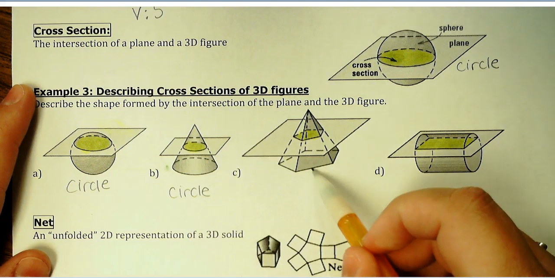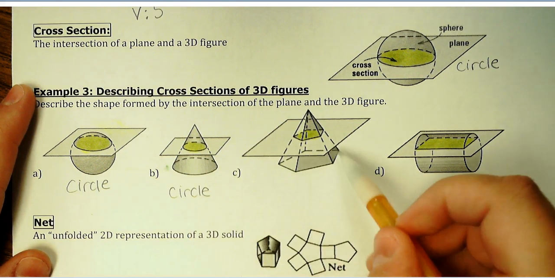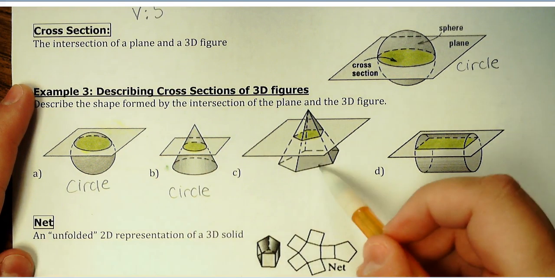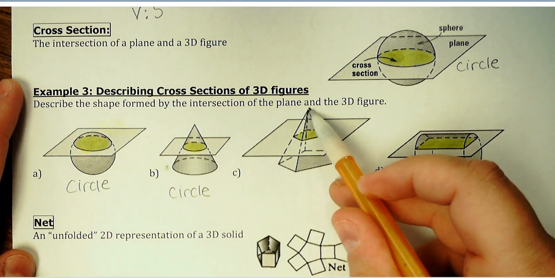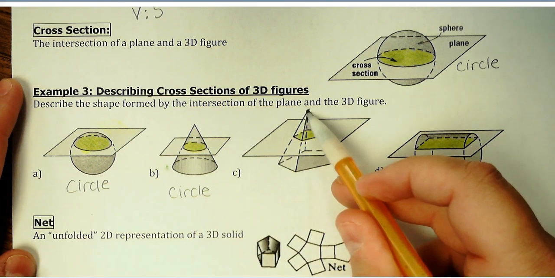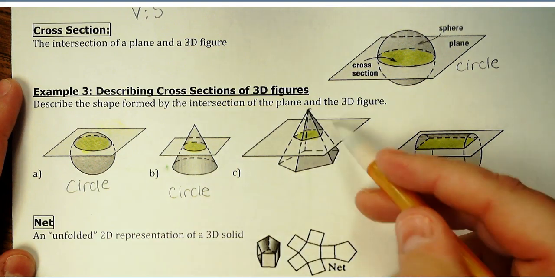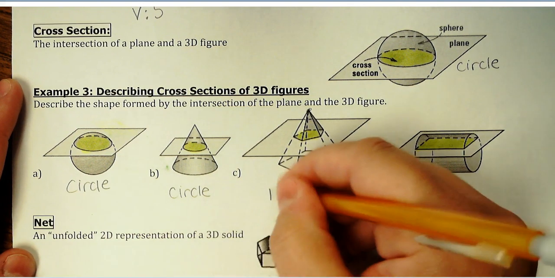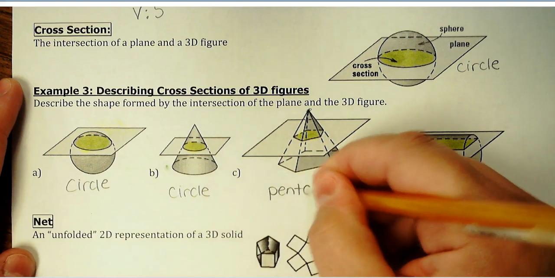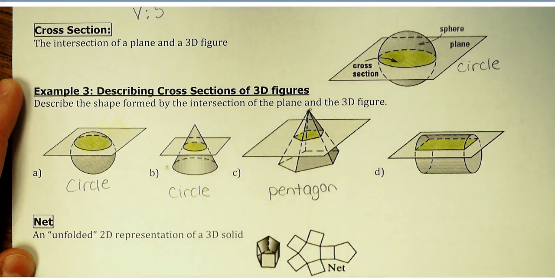This shape is 1, 2, 3, 4, 5 sides, so this would be a pentagonal, and it would be a pyramid because I've got the lateral faces that are all triangles intersecting at a point. You can see the cross section a little better when I highlight it: it's actually going to be the same shape as the base, so a pentagon.